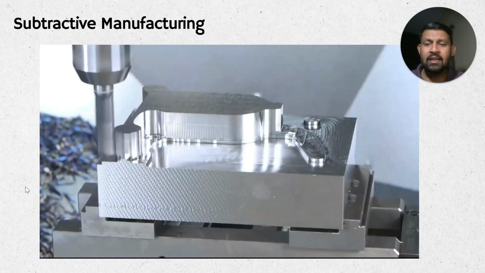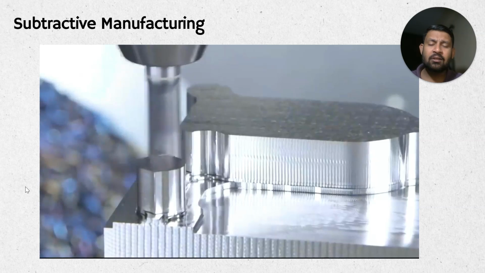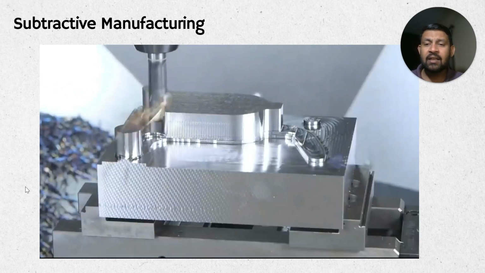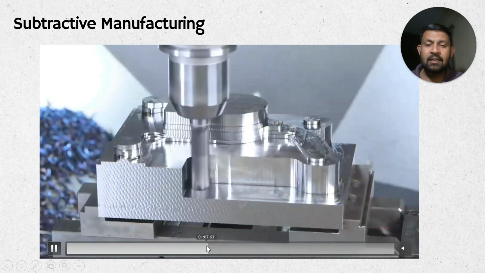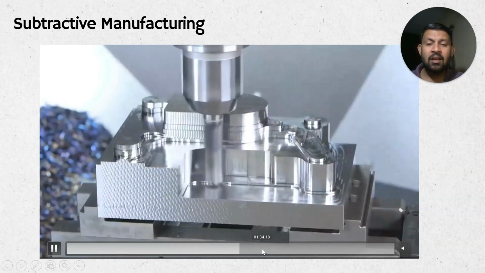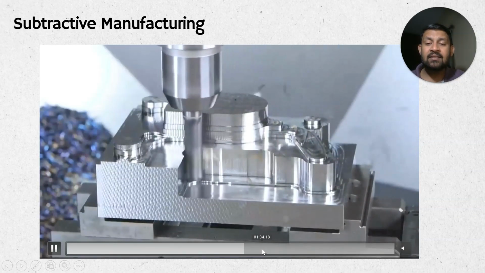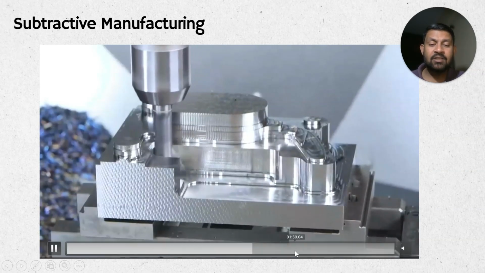Slowly, it will keep removing material in multiple steps, depending on the strategy, how the operator has made the program. Based on the program, it will keep on removing material, and ultimately it will try to attain the shape that has been given as the target shape to be obtained after the machining process.